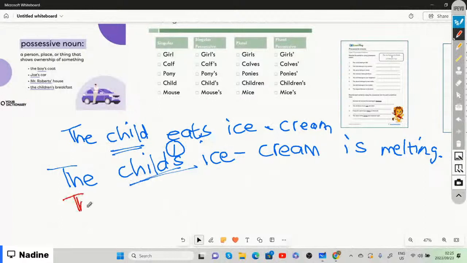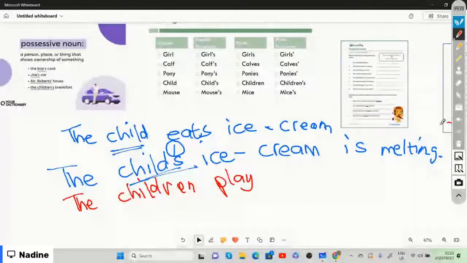Let's say the children play with their skipping rope. So we can say the children play games or rope games or skipping games.